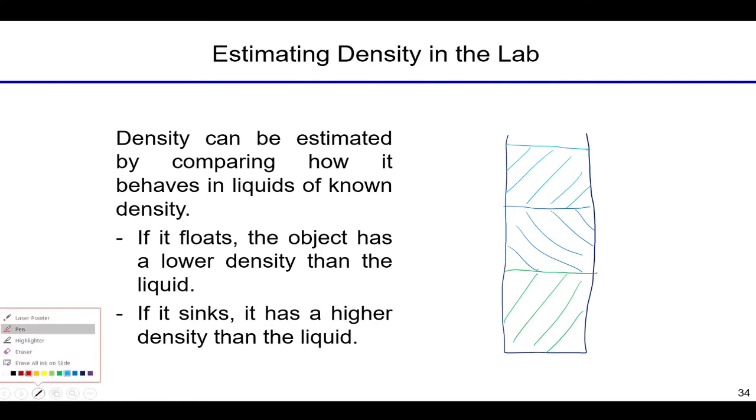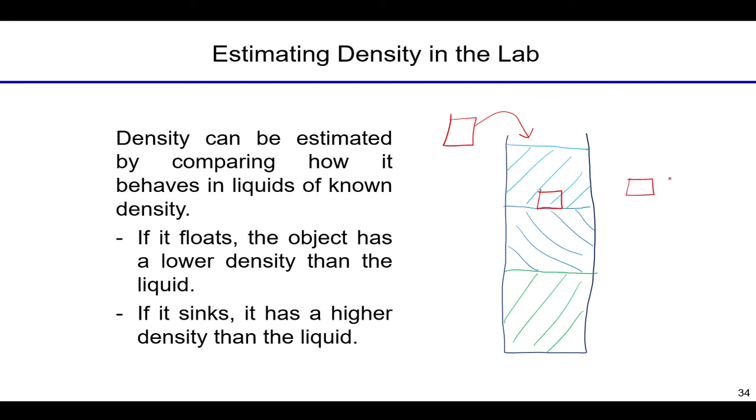But now you have these 3 liquids. And so now you can take something that you don't know the density of, and you can drop this solid inside here and see where it settles out. If it floats on the top, it has a density that is less than this top liquid density. And if it floats right here, then you've bracketed that the density of that object is greater than this first liquid and less than the density of this second liquid.